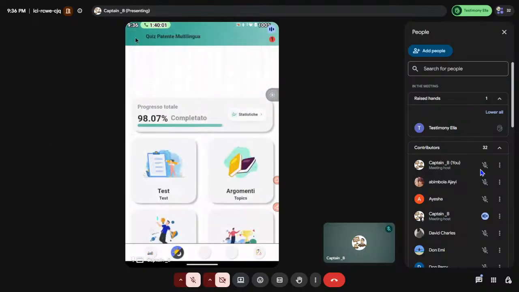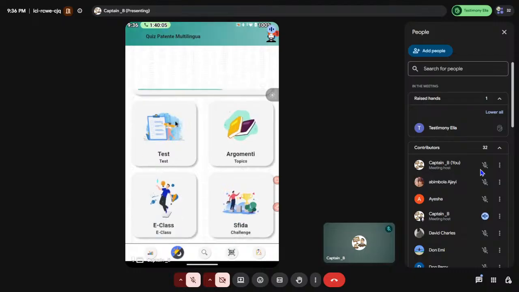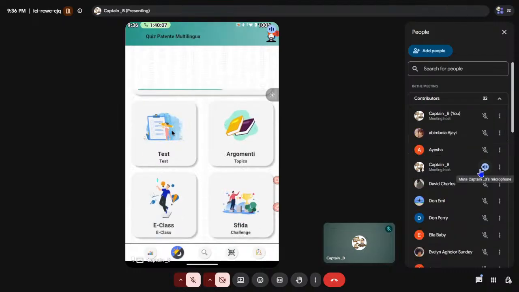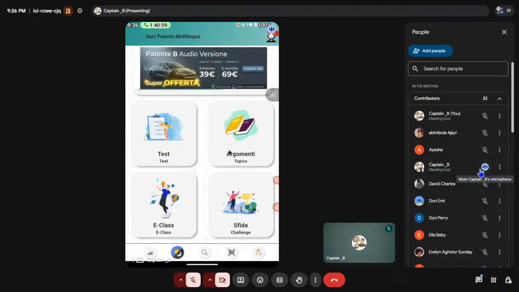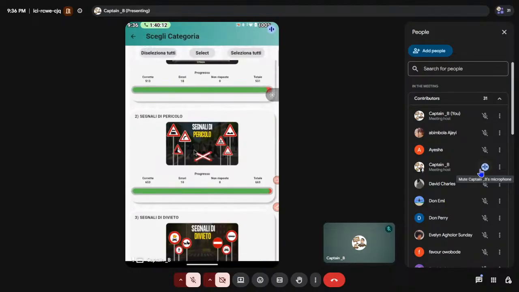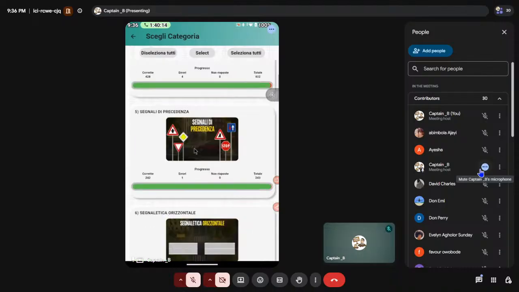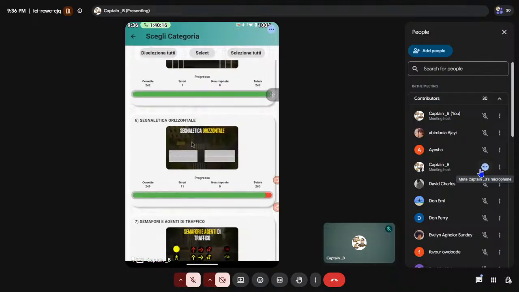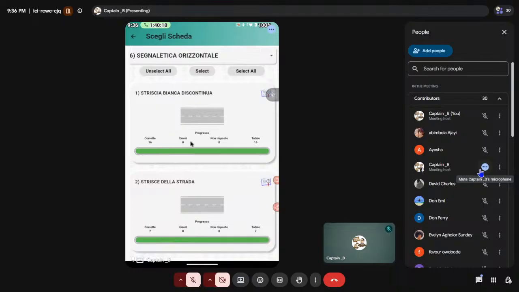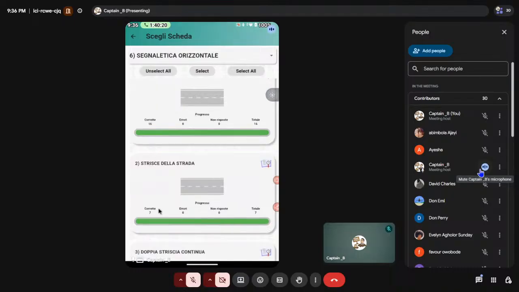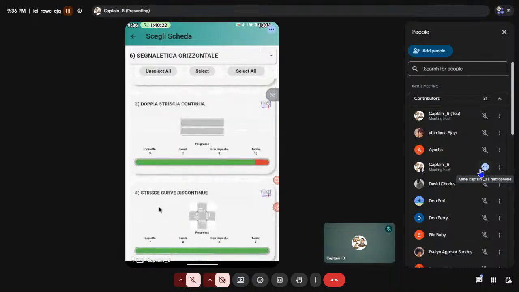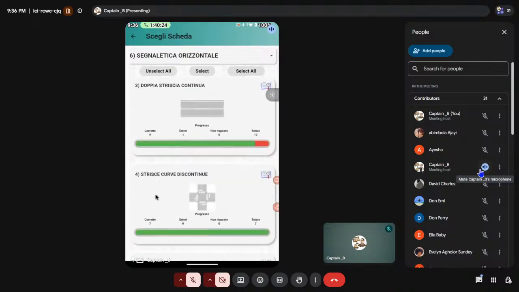Now listen. If you open your application like this, this is what the application is going to look like after you register your application, which is your multilingual quiz. You click on this argumenti, this one here. You scroll down to number 6. You open it. And you will see 1, 2, 3, 4.